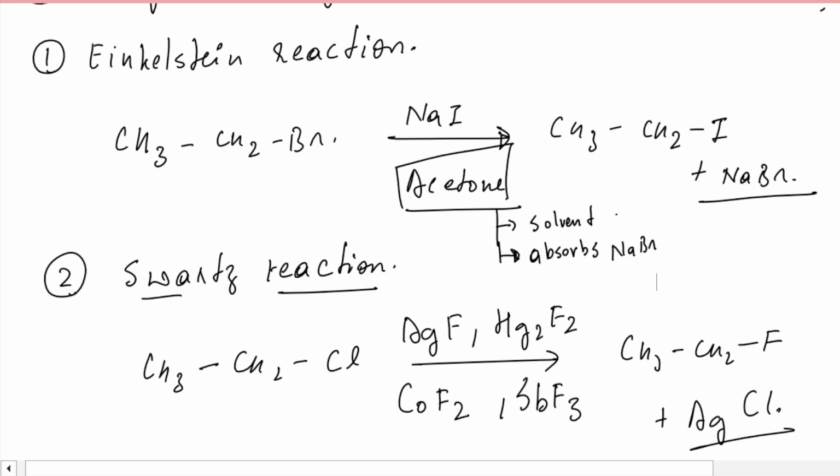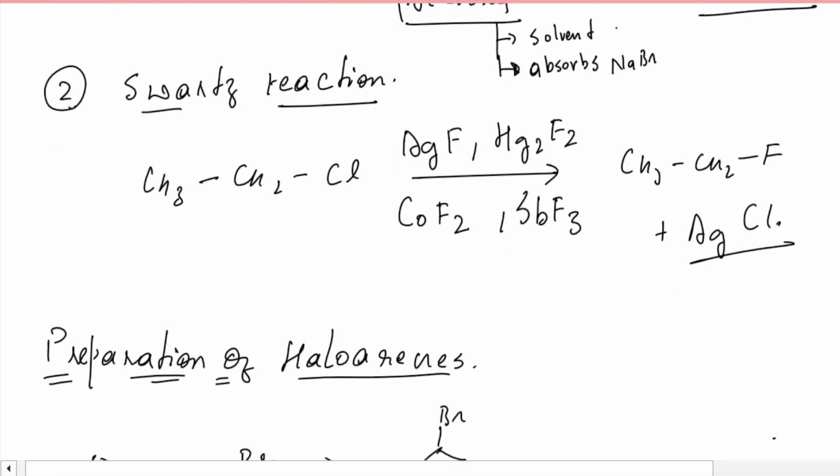For example, in photochlorination, if we use iodine, then it becomes a reversible reaction, and if we use fluorine, then it becomes a highly exothermic reaction. So we use Finkelstein and Swarts reactions. Finkelstein is for preparation of iodoalkanes, and Swarts is for preparation of fluoroalkanes. This we have to remember.